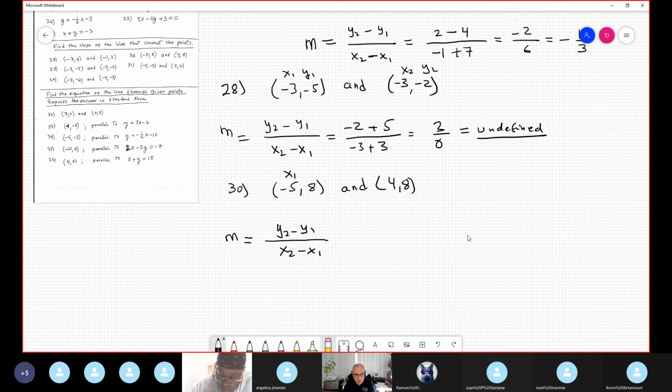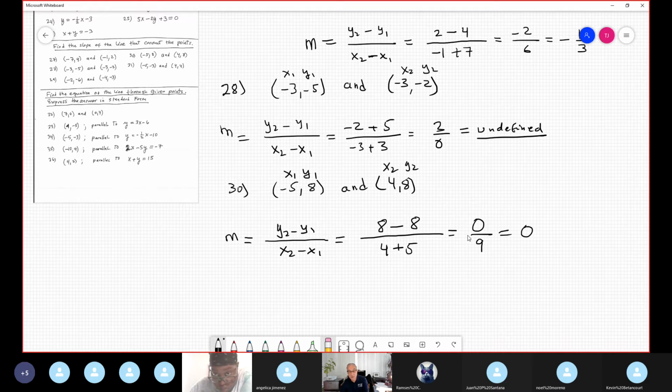This is x1, this is y1, this is x2, this is y2. y2 is 8 minus y1 is 8, x2 is 4 minus, and x1 is negative 5, double minus becomes positive. 8 minus 8 is 0, 4 plus 5 is 9, and 0 divided by any number is 0. Entonces when this situation happens, this is horizontal.